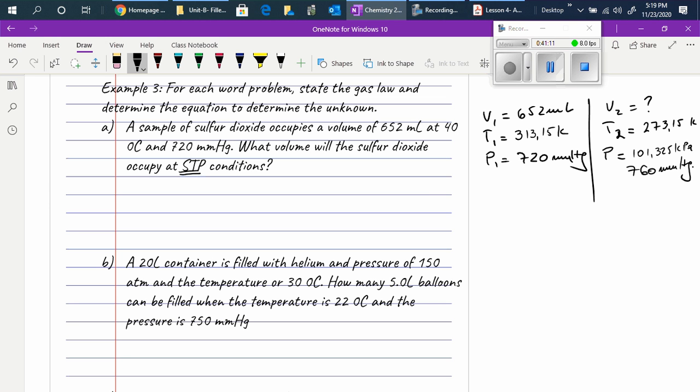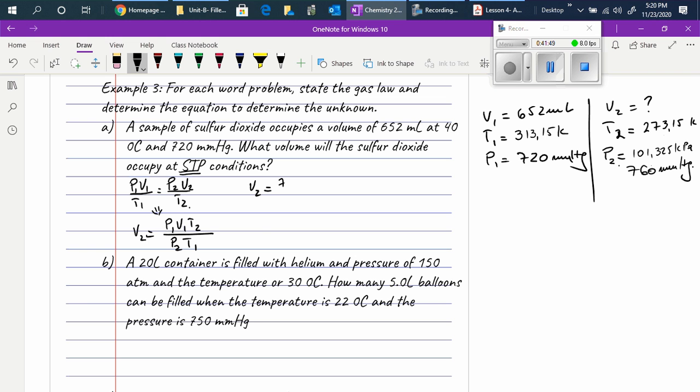So this will be pressure 2. Now, since we are dealing with a change of volume, temperature and pressure, we will use the combined law, P1 V1 over T1 equals P2 V2 over T2. And from here we will find V2. So it will be P1 V1 T2 over P2 T1.